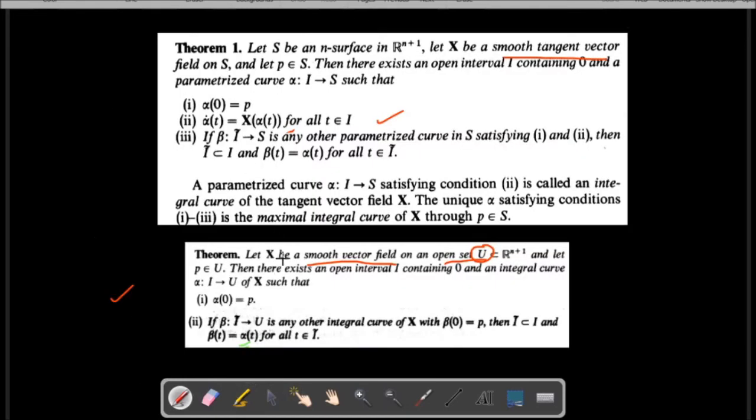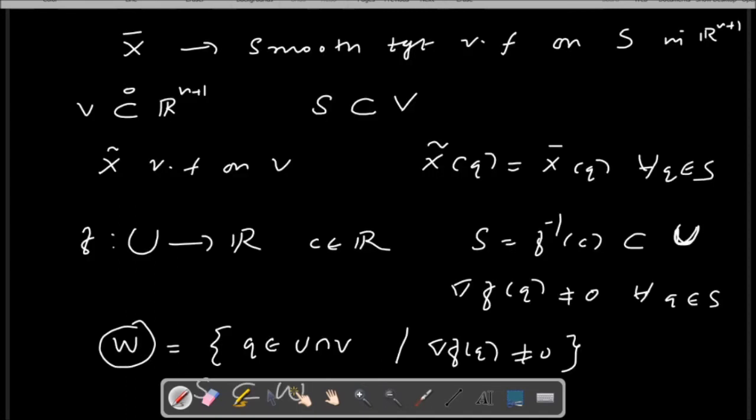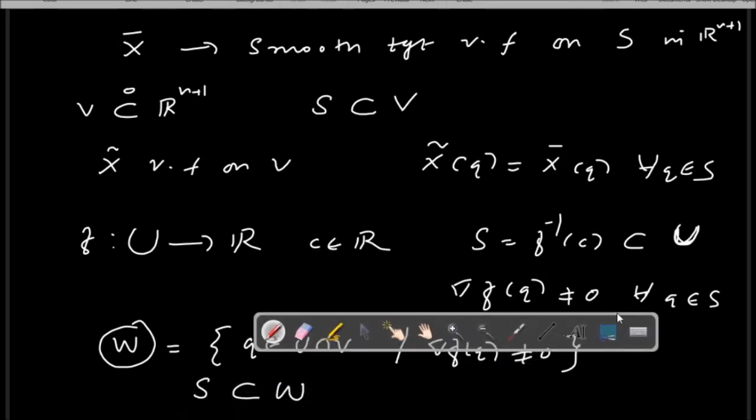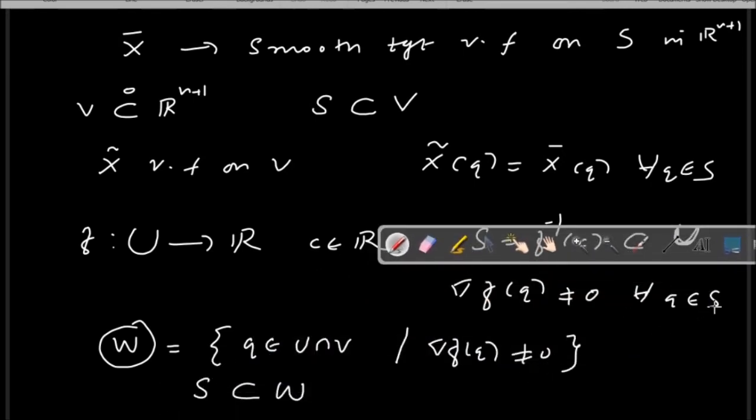You need a smooth vector field on that set. How to construct that smooth vector field, I will show you. So W I have already written. What is W? The set of all q element of U in the intersection with V, whatever set comes from that, we are making such that del f of q not equal to 0. Since del f of q not equal to 0, all the elements of S will come in that. Means S will be contained in W.